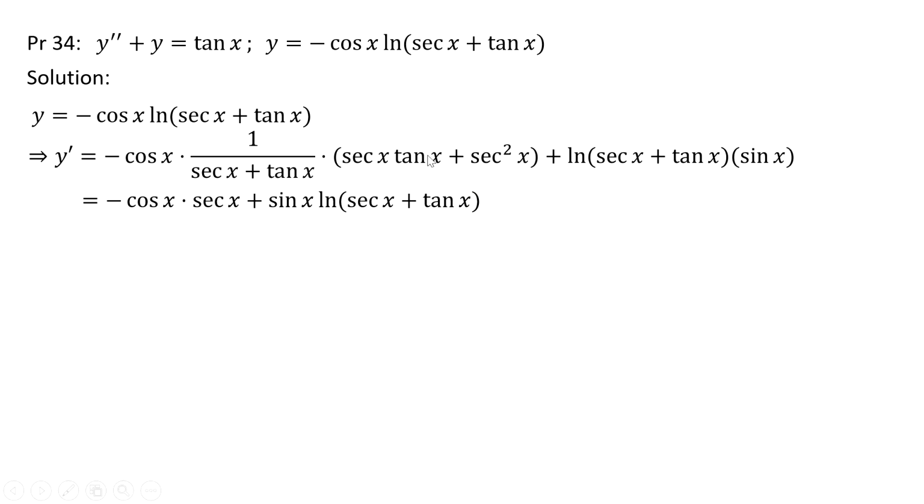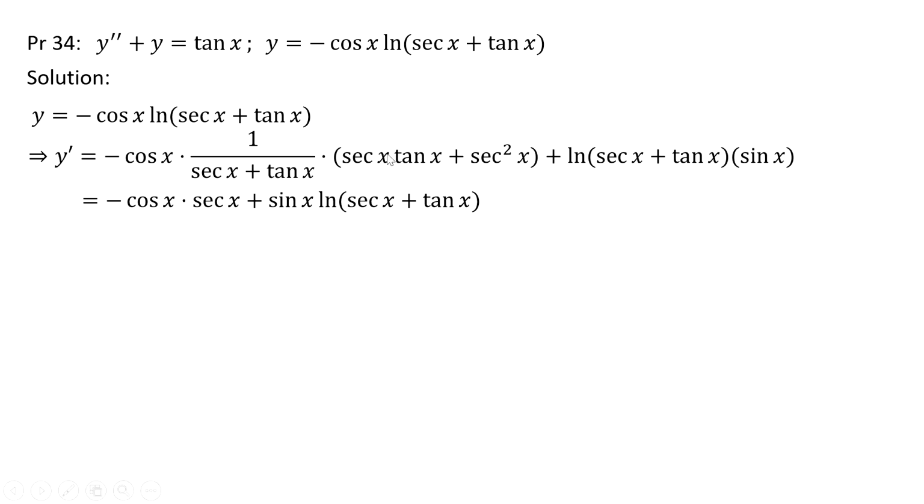Wait. Can I factor out a secant x out of these two terms? What would I be left with if I factored out a secant x? Would I have a tangent x plus secant x? Is that the same thing in the denominator? Tangent x plus secant x? Of course, written the other way. So wouldn't they cancel out?